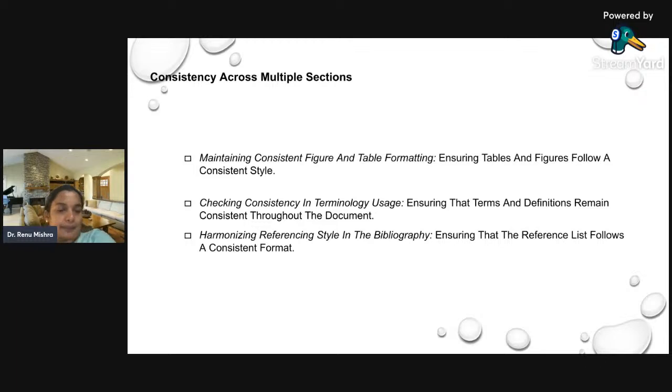It does happen. So when you are paying attention to your data collection and data analysis, there's no harm in paying attention to all these nitty-gritties as well.